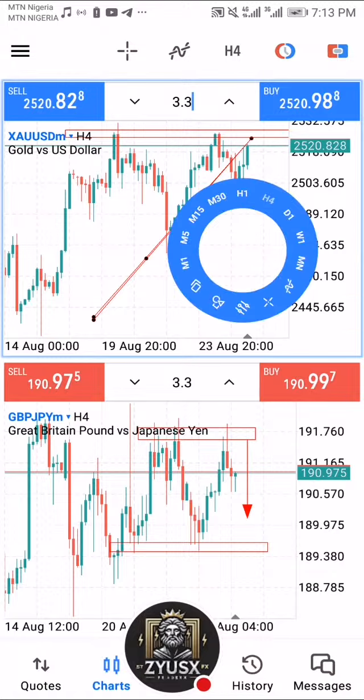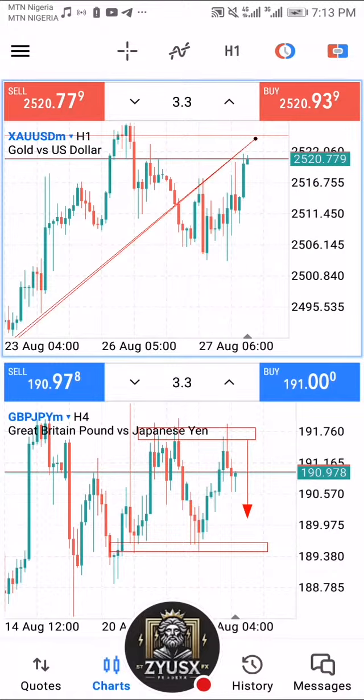And another way you can sell it when price gets to that level. Remember, once price gets into some of these levels, if price starts getting to that level and you want to sell the market, then you should consider using a sell stop order.